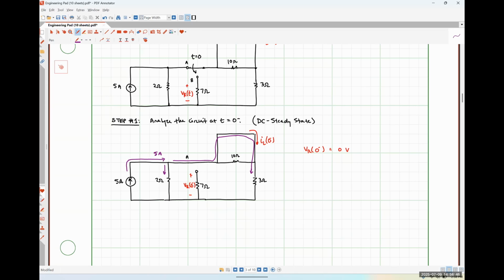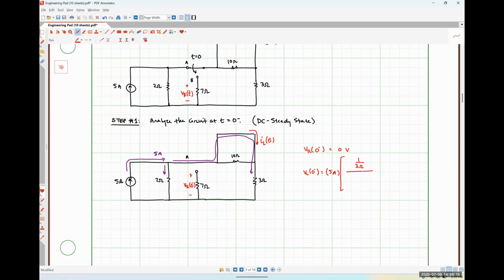Current division. Current division, sure. So it should be really easy. Like I think intuitively it's going to be 3 amps, but let's do it more formally here. We could say that IL of 0 minus is going to be 5 amps times, so I would have 1 over 3 ohms right here.